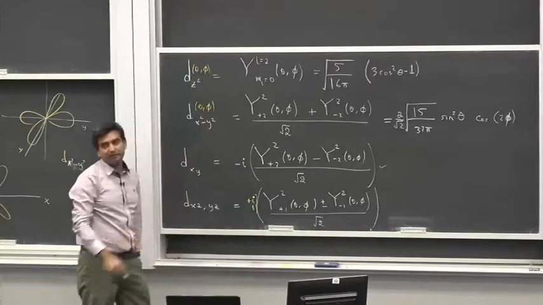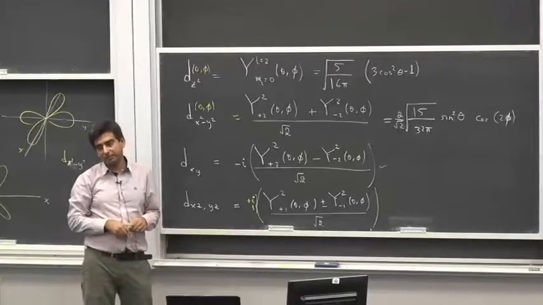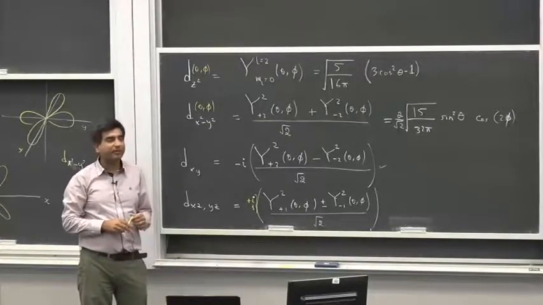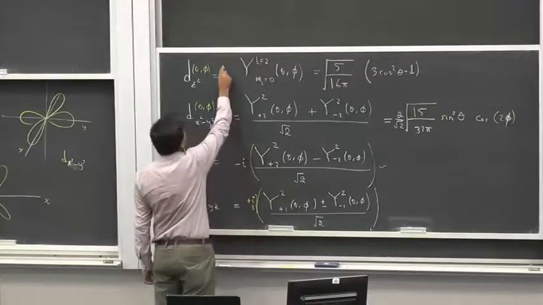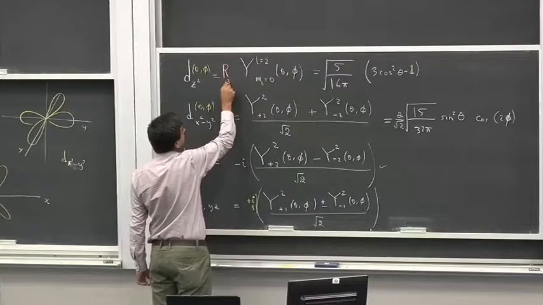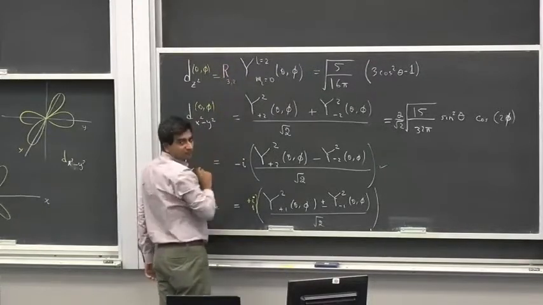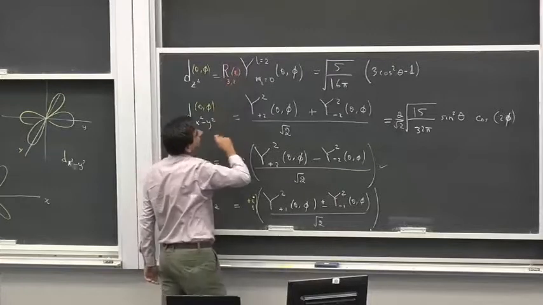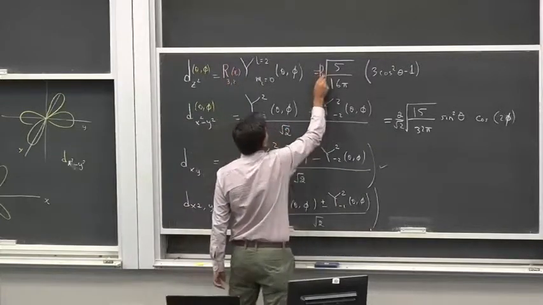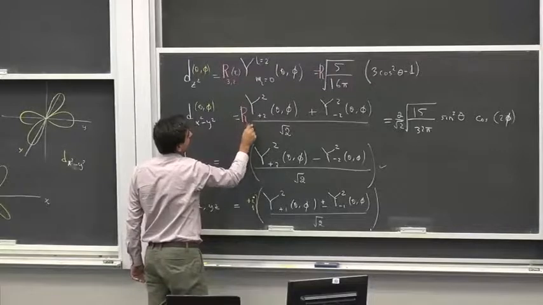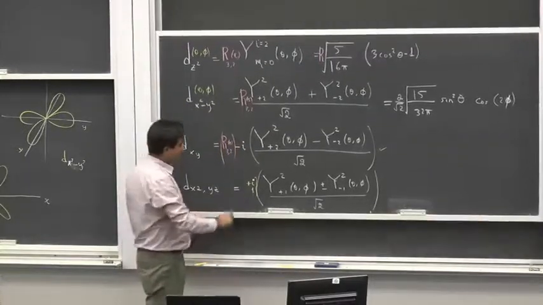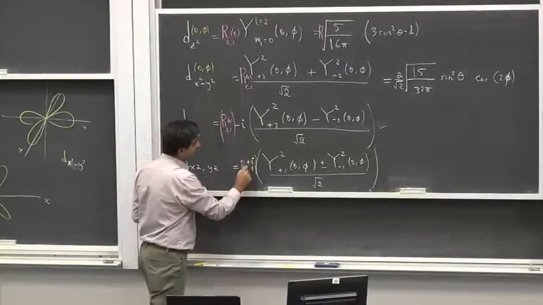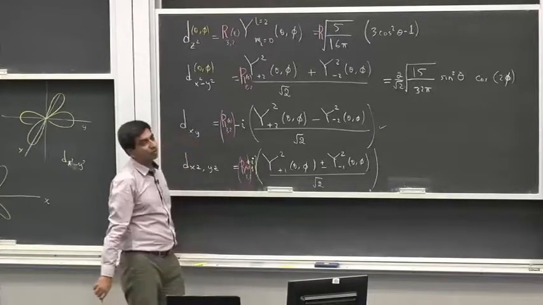But the orbital actually has a radial part as well. And since we're talking about a 3D orbital, I have to multiply each one of these by the corresponding radial part, in which n equals 3, L equals 2. So I multiply each one of these with the corresponding R to obtain the overall orbital, right? Because the orbital has a radial part as well. So this is the complete orbital.